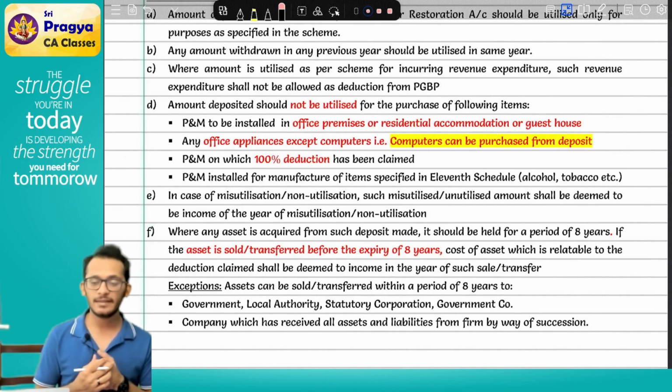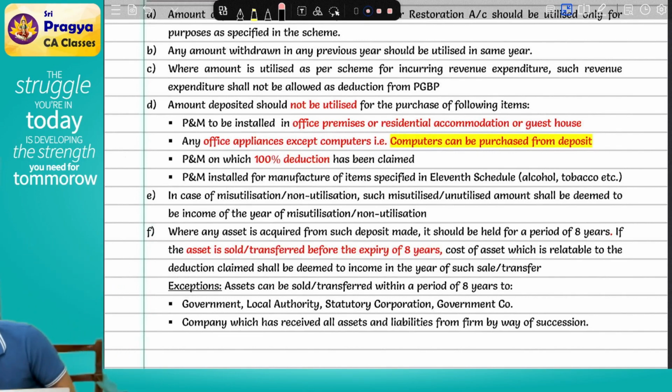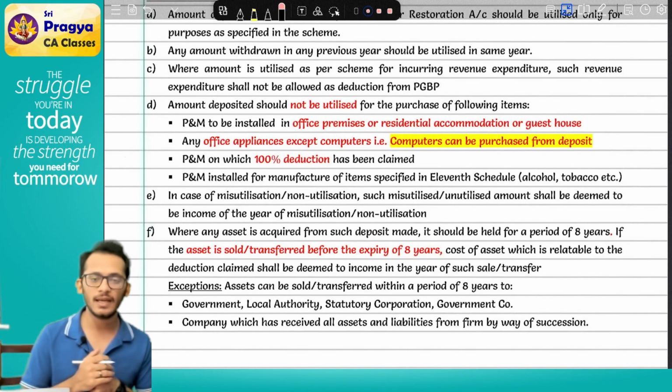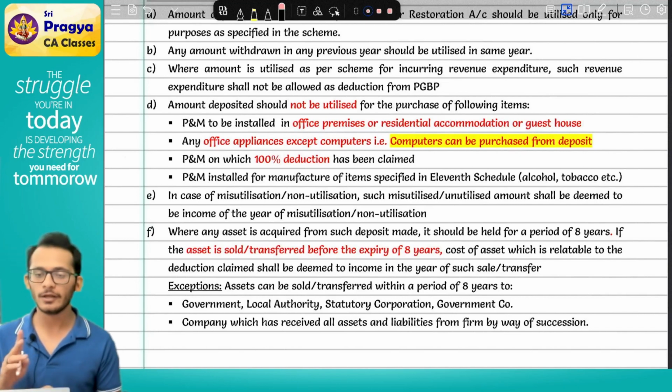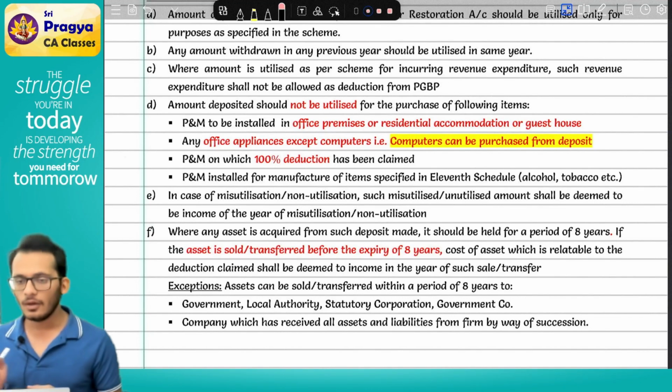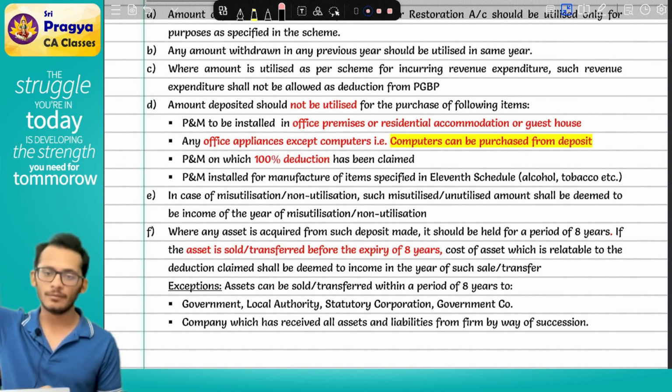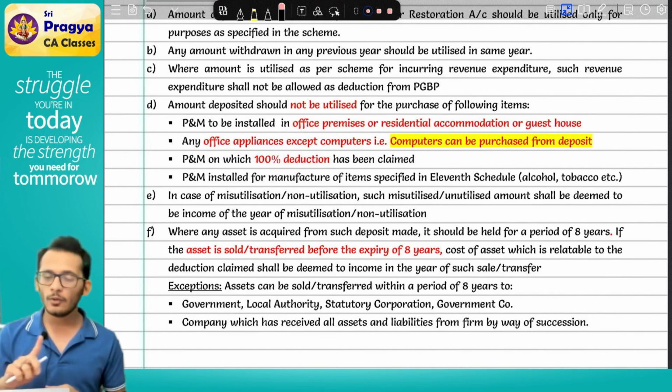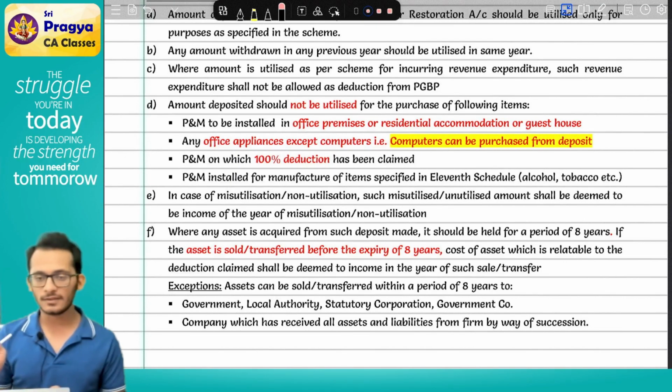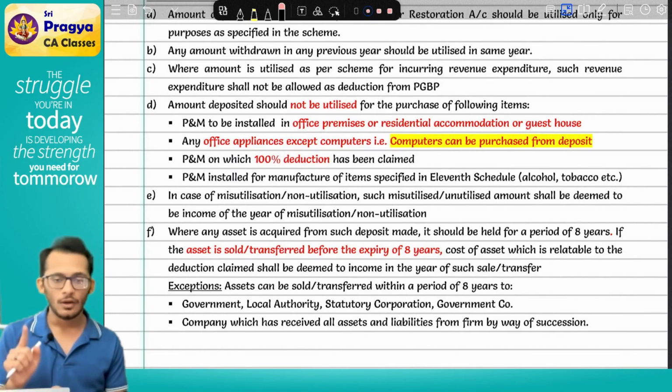Whatever money is there in the fund, Rahul, you should utilize it only for buying plant and machinery of capital nature, or for the purpose which is given in the scheme. If you want, you can also buy computers, even if the computer is used for office purpose.